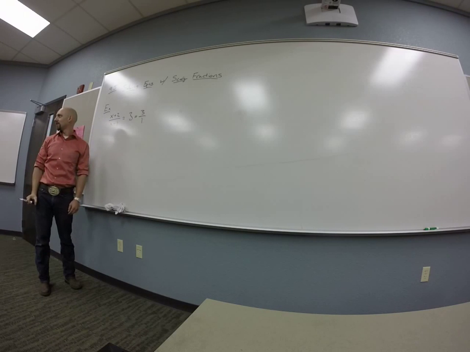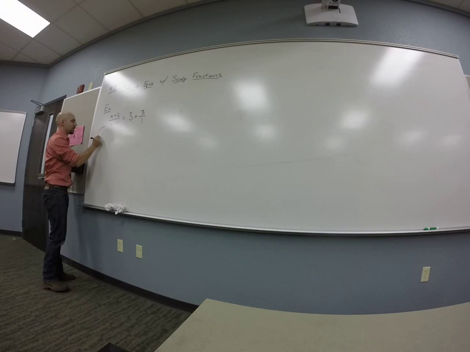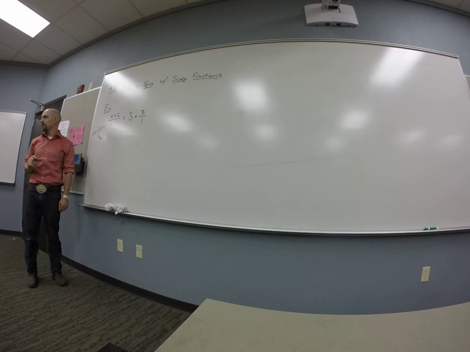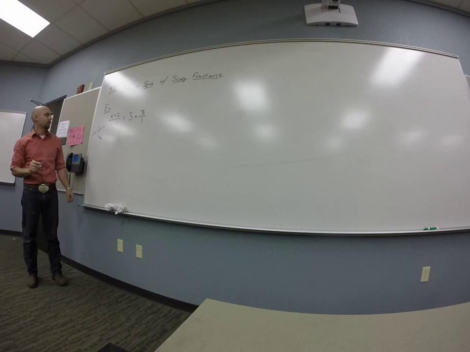I'm not a huge fan of fractions in general. So let's do this. Let's multiply by x minus 1. Good with me on that? So if I multiply both sides by x minus 1, what will I be left with on the left?